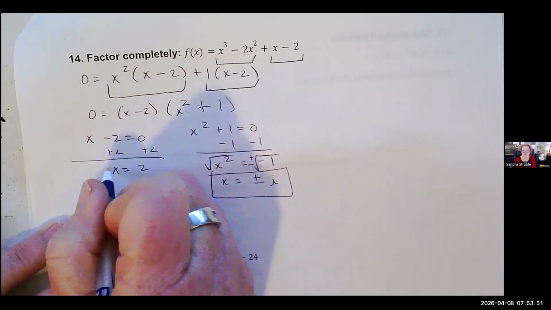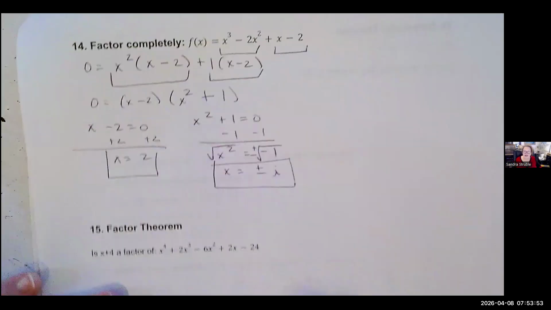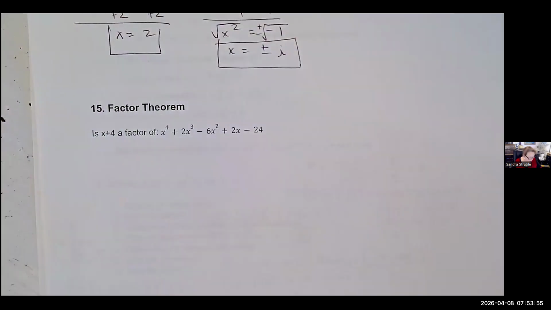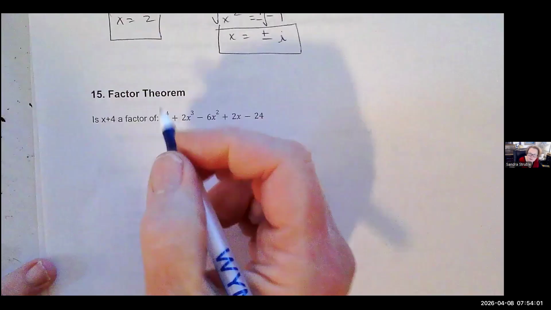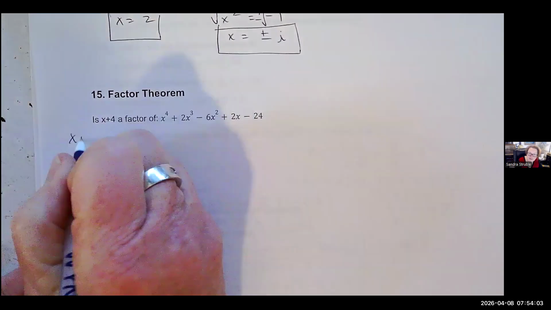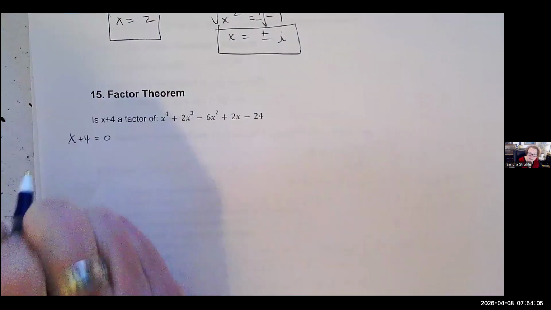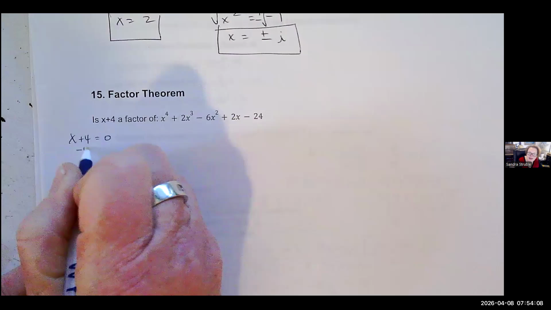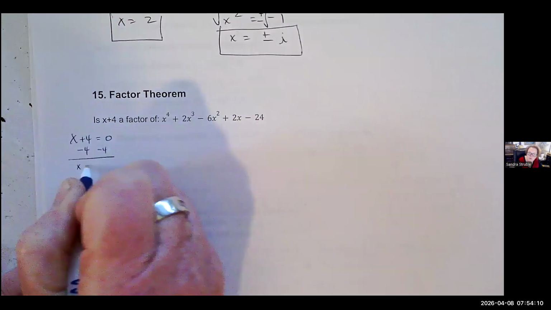All right, factor theorem. We're going to find out, is x plus 4 a factor of? Well, this is going to be using some synthetic division. Take the x plus 4, set it equal to 0, and solve for x. Subtract 4 from both sides. X equals -4. That is what you're going to synthetically divide with.